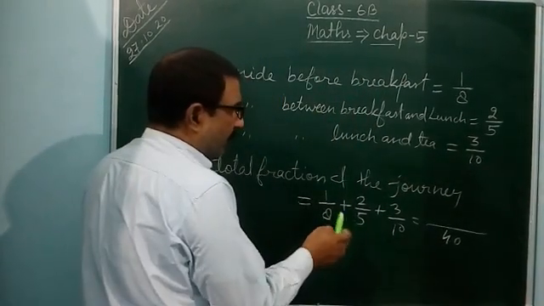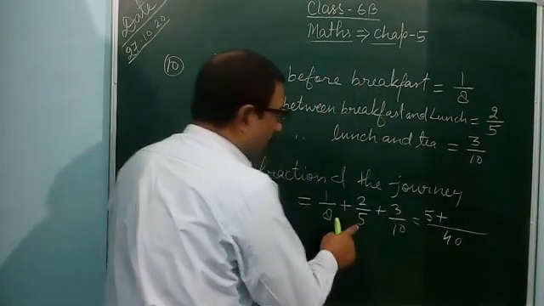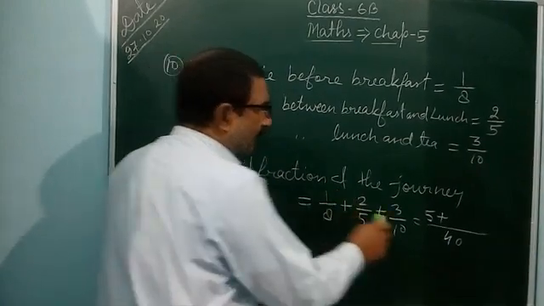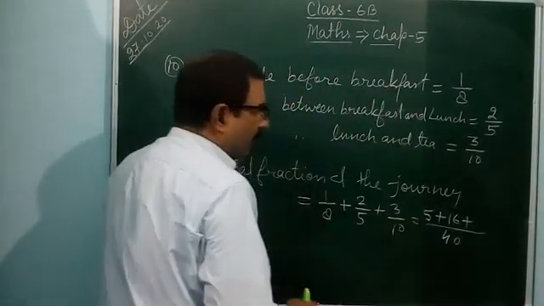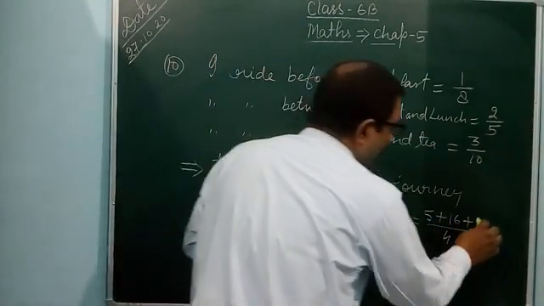8 5s are 40, so 5 times goes. 5 ones are 5. 5 2s are 10, 5 3s are 15. 8 5s are 40. Then 2 by 5: 5 8s are 40, so 8 times goes, 8 2s are 16. 10 4s are 40, 4 times goes, that 4 multiplied with 3, 4 3s are 12.